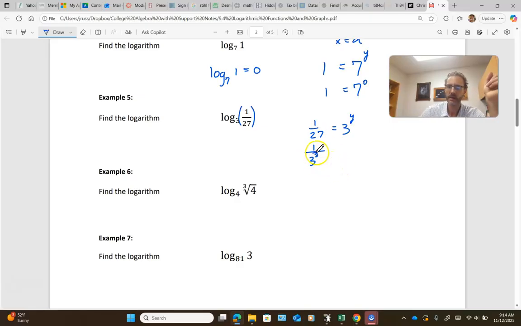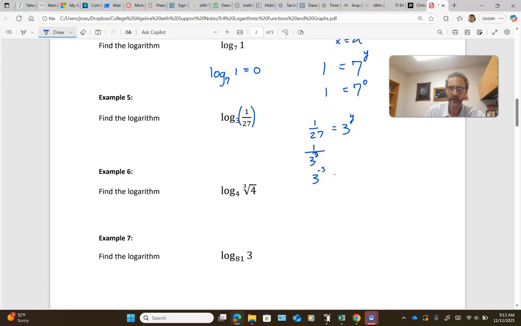And then I could go a step further and move this 3 to the 3rd up to the numerator simply by changing the sign of the exponent. We talked about this last class. So instead of 1 over 3 to the 3rd, I could just simply write 3 to the negative 3rd.